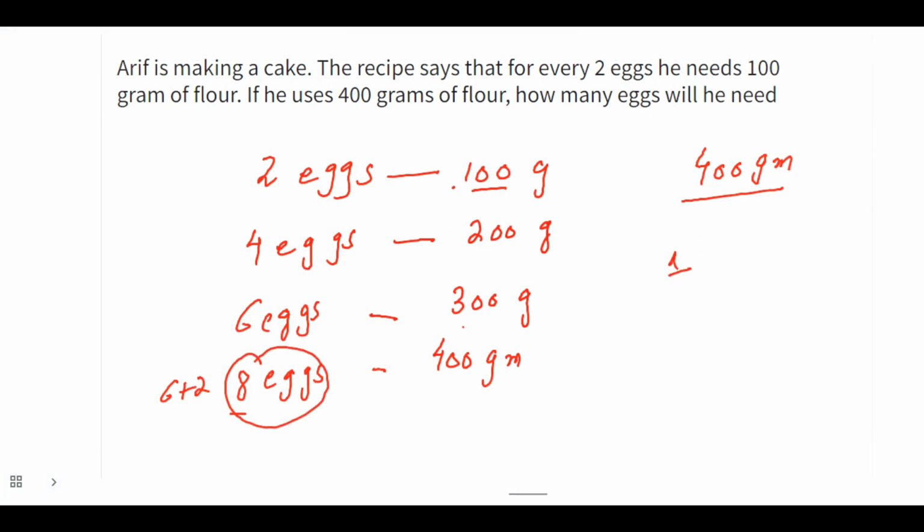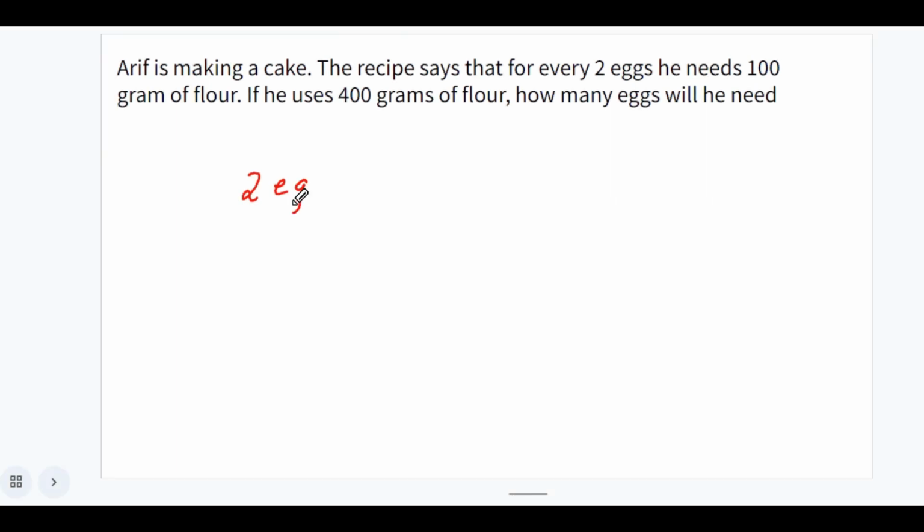So let's solve the other way. This way of solving this question is more important and you need to learn it. So 2 eggs need 100 grams of flour. Whenever you need to find something in word problems, it is very important to find the answer for each or one thing.